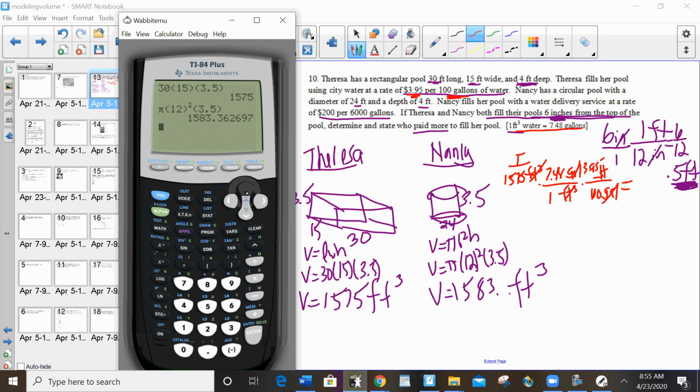I'm going to do my 1575, 7.48, 395 over 100, and I get 465 dot dot dot.